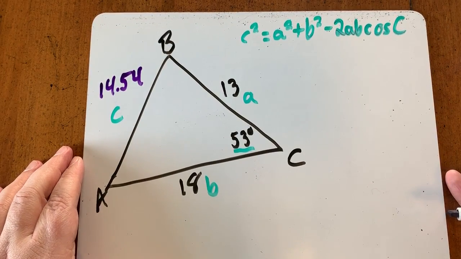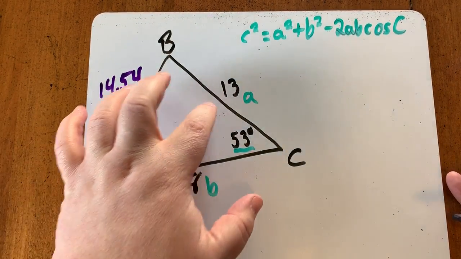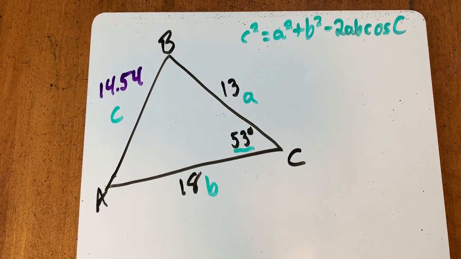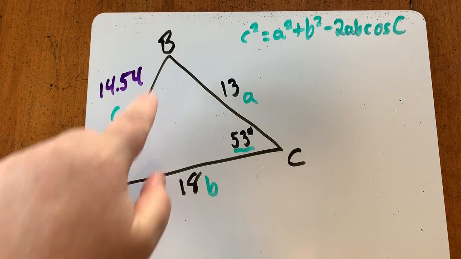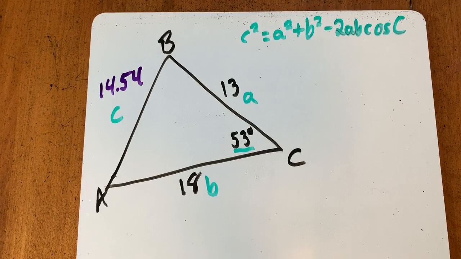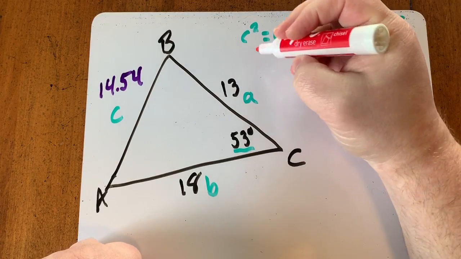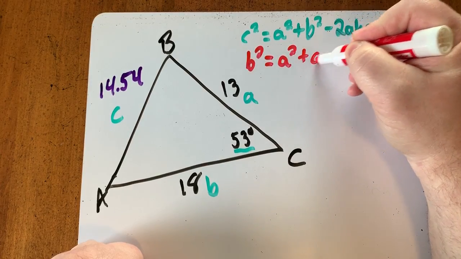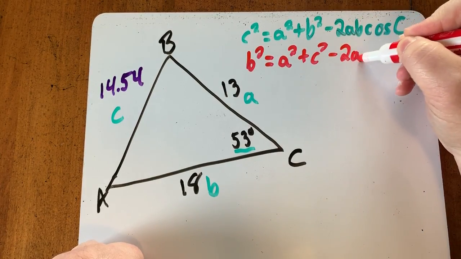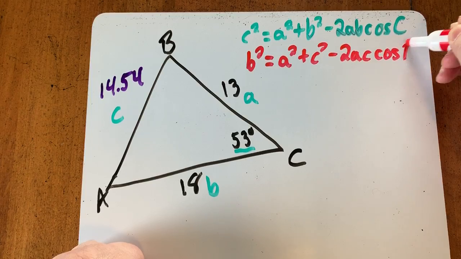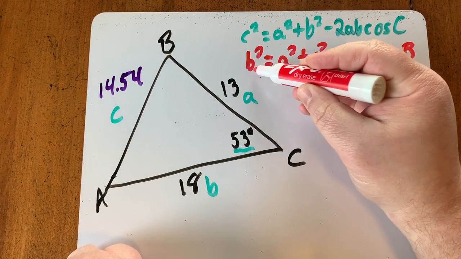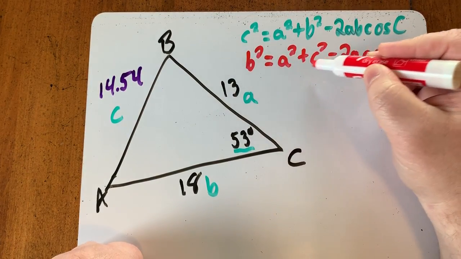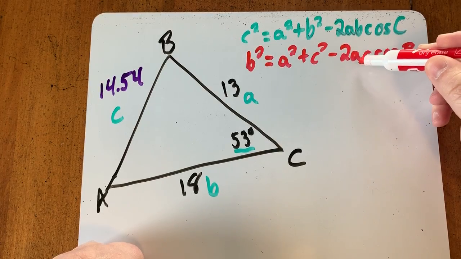Great. Now, we know all three sides of the triangle, so we can use another version of the law of cosines to find either angle A or angle B. I'm just going to find angle B, so to find angle B, we would use the version b squared equals a squared plus c squared minus 2ac cosine of B. We know b is 18, a is 13, c is 14.54.